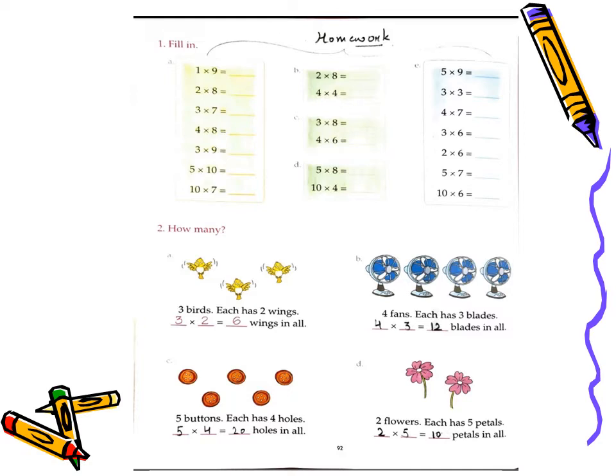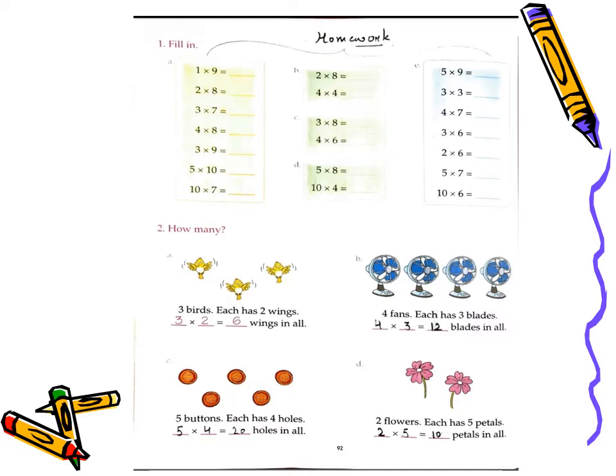How many? So in part A, question number 2, 3 birds are there and each bird has 2 wings. So we will write 3, because the total number of birds is 3, into 2, because each bird has 2 wings. That is equal to how many wings in all? 6.